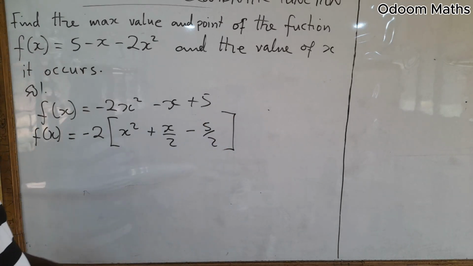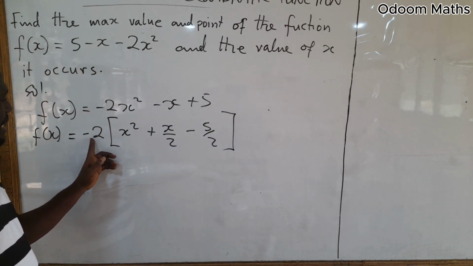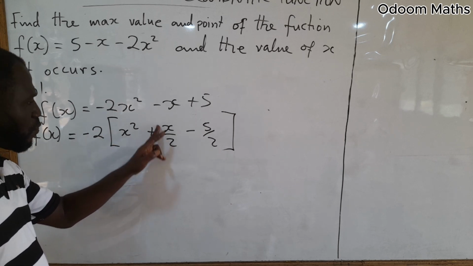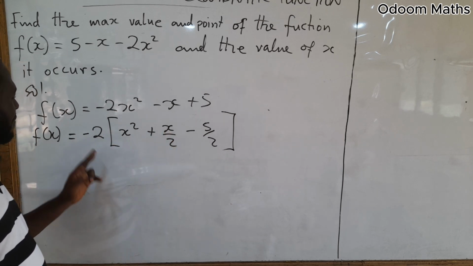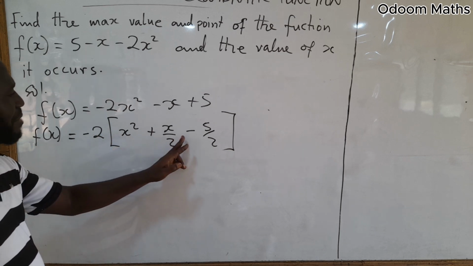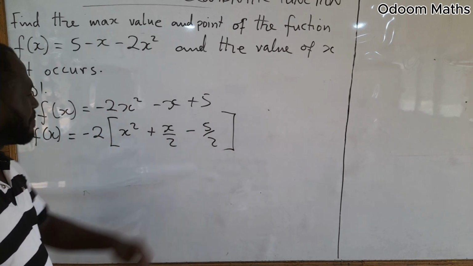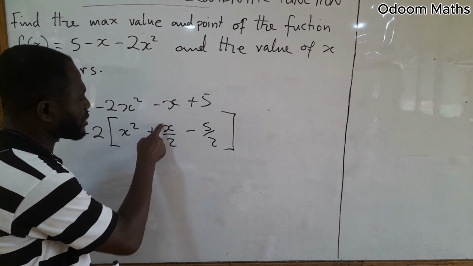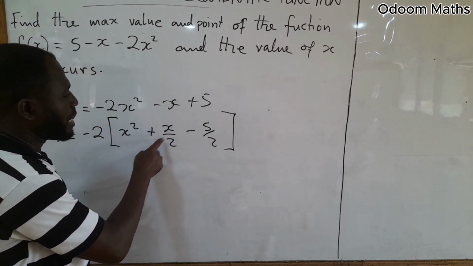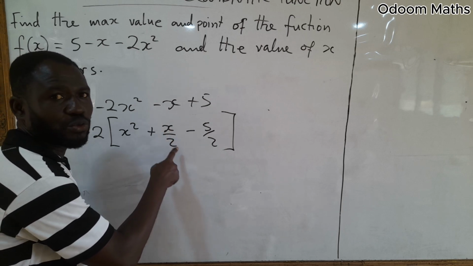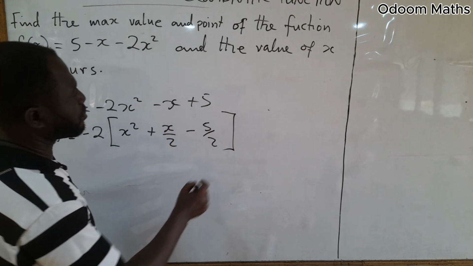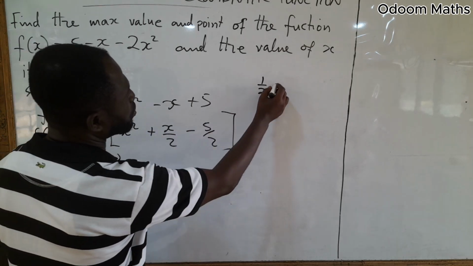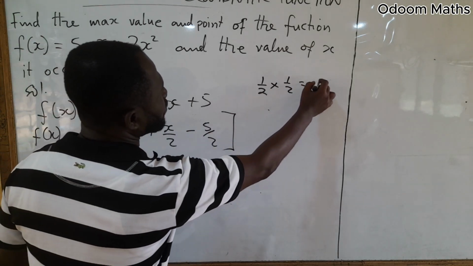If I multiply this by negative 2, I get negative 1x here, and if I multiply this by negative 2, I get plus 5 here. From here, I take the coefficient of x, that is 1 over 2 x, and multiply it by 1 over 2, like what I did earlier. So that is going to give me 1 over 4.